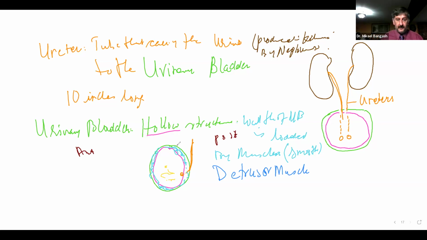So the smooth muscle that we find in the wall of the urinary bladder is known as the detrusor muscle. Did you guys get that?